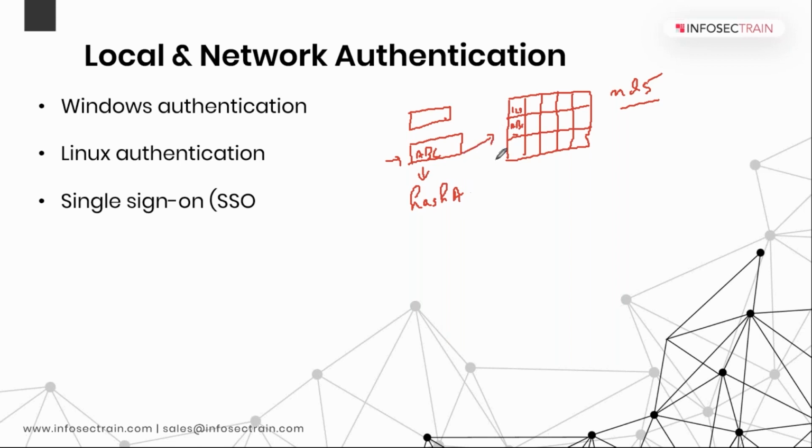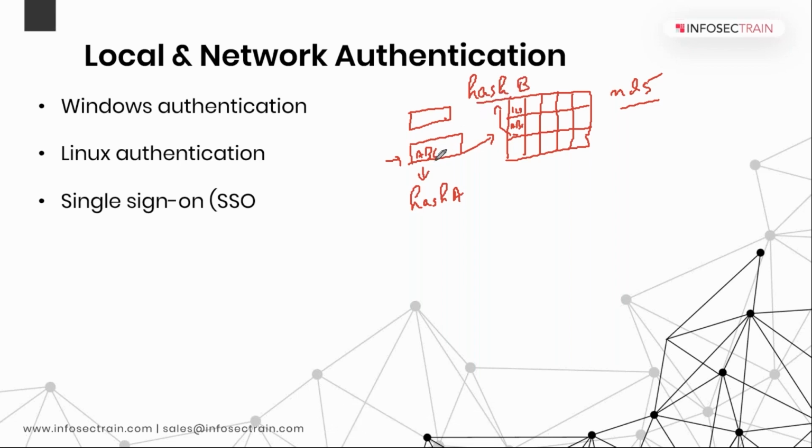In the database, it will check for this username. While doing the registration, you entered the password, and that password was stored in your database in a hash format. Let's say that hash was hash B.